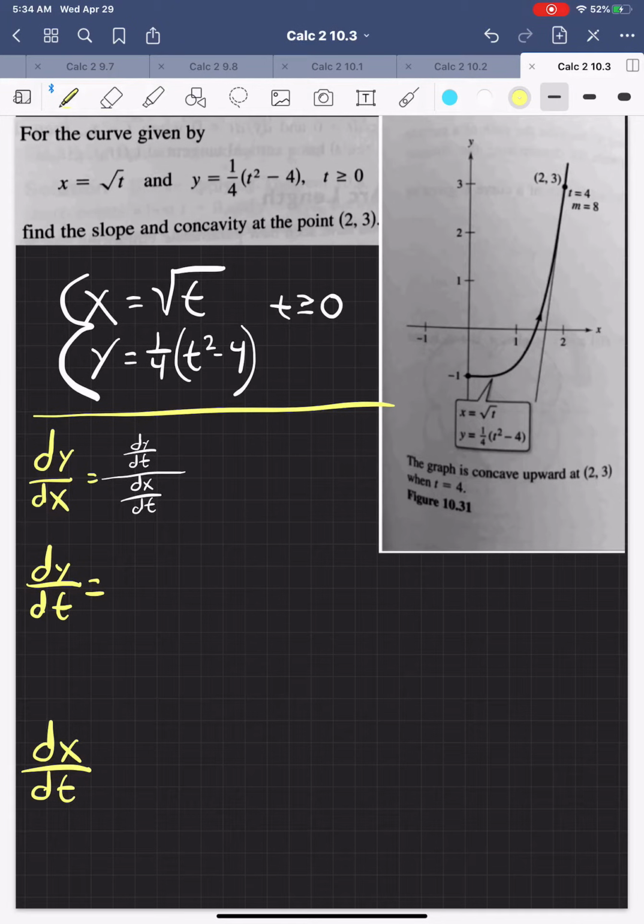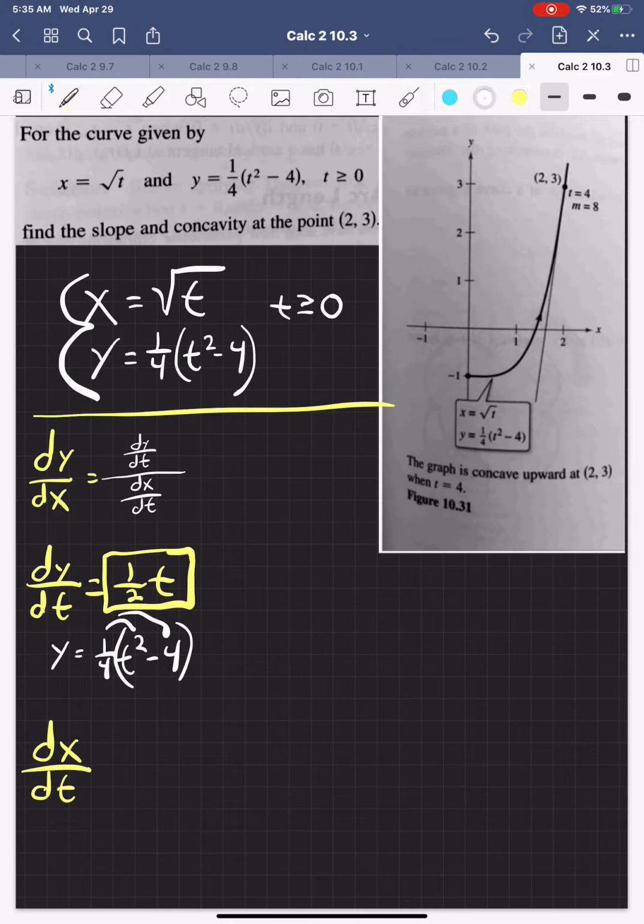Since y is equal to 1/4 of t squared minus 4, the best thing to do here is just distribute that 1/4 and then take your derivative, right? So fairly easy to do. You would get dy/dt is 1/2 of t.